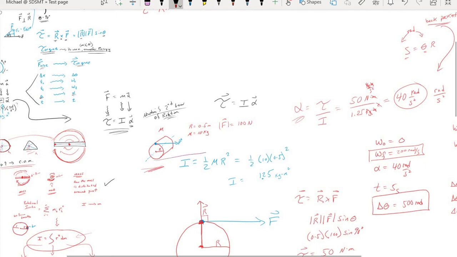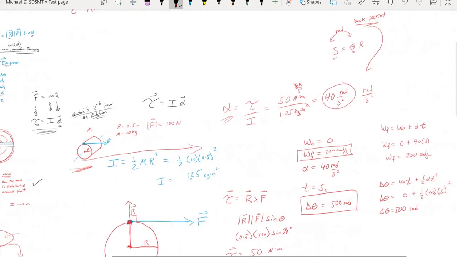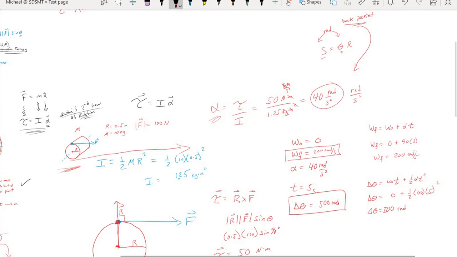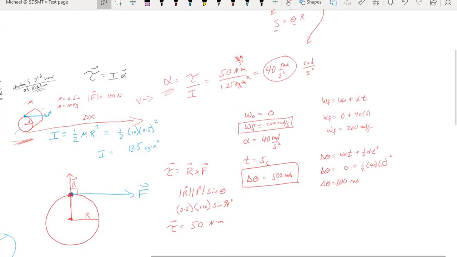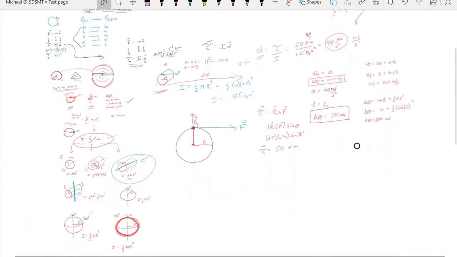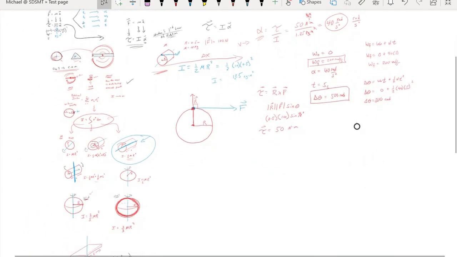So I would like to know physically how fast is that thing going, and what is the displacement through which that cylinder has rolled down the street. And this might sound like a difficult thing to answer, except that we've already done that in the previous video.